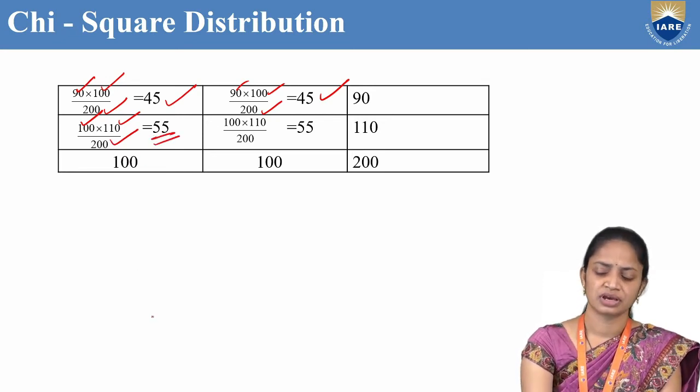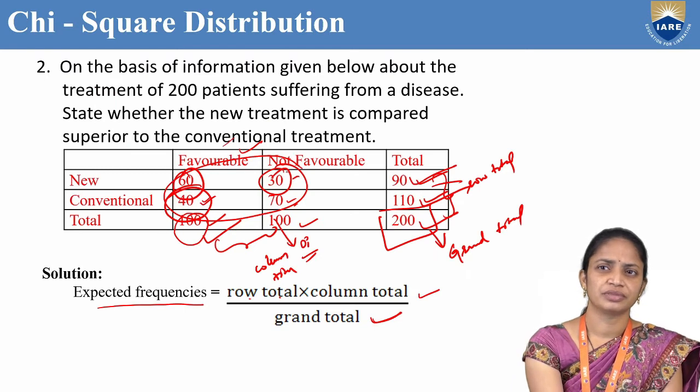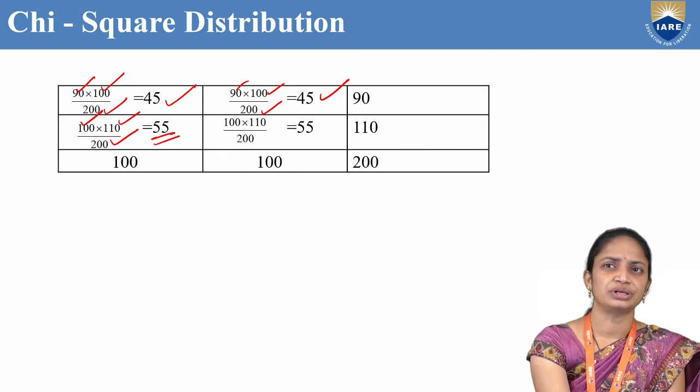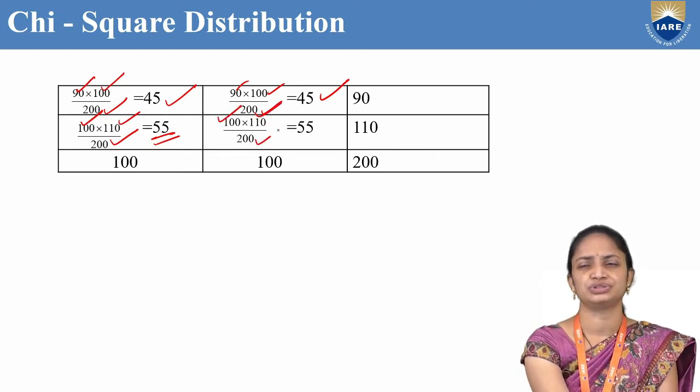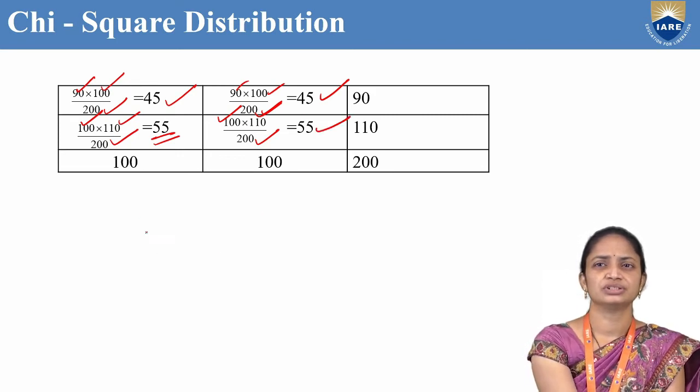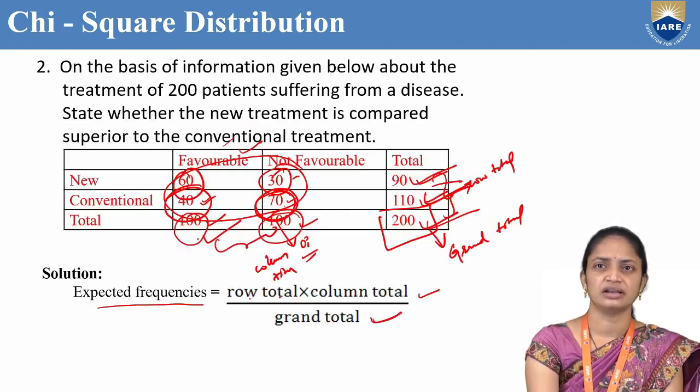Like that, for the last value, 70, the row total is 110 and the column total is 100, divided by grand total 200. Simplifying, we get 55.